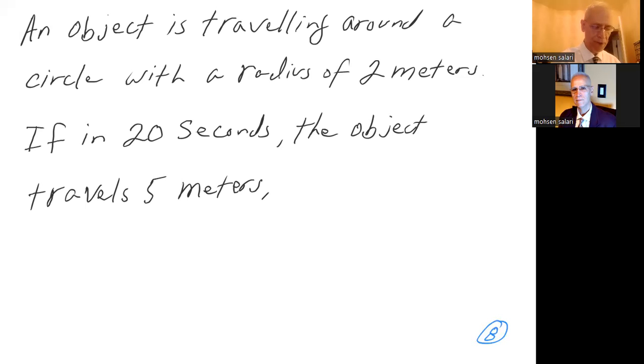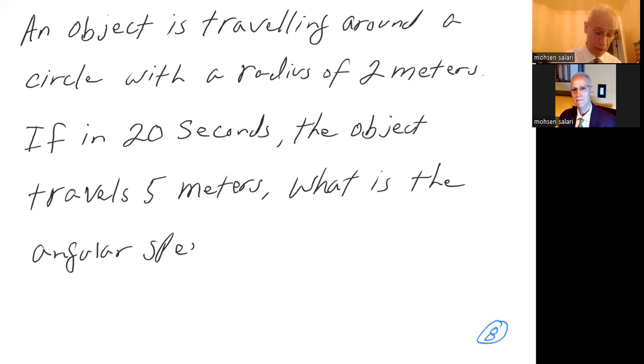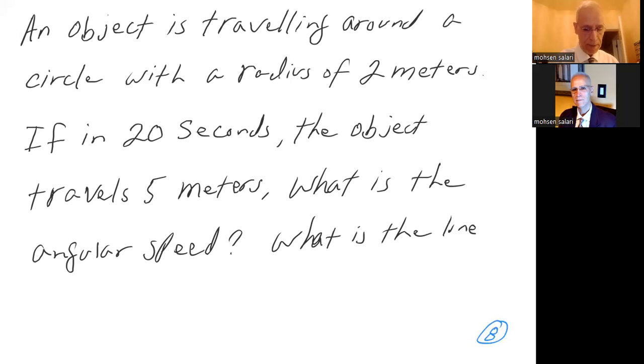What is the angular speed? Doesn't matter the order. So let's do the angular speed first. What is the angular speed? That would be omega. And what is the linear speed? Okay. So let's go to page 9.